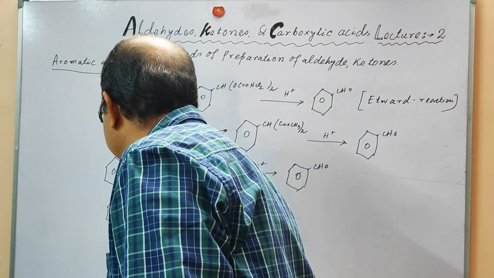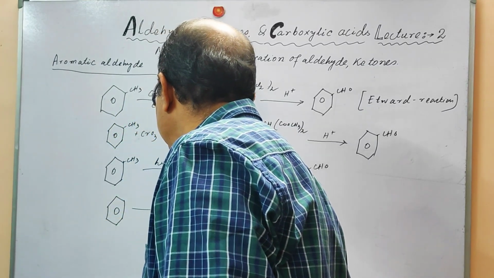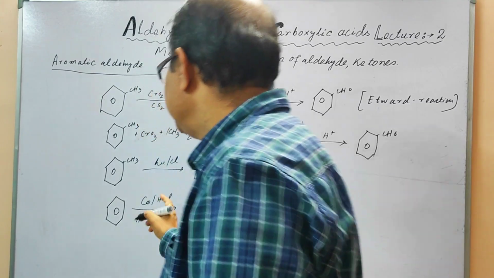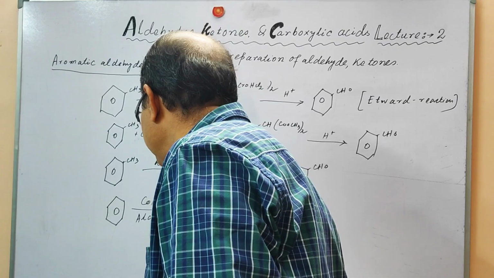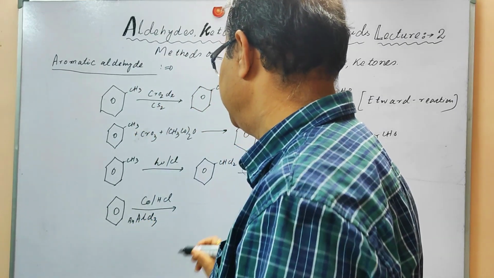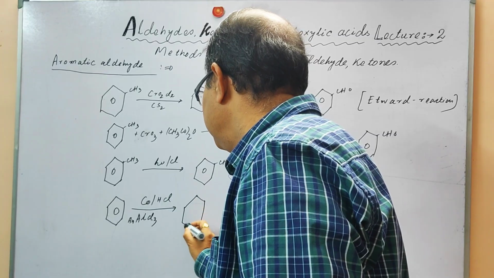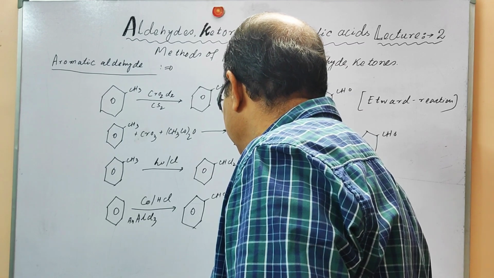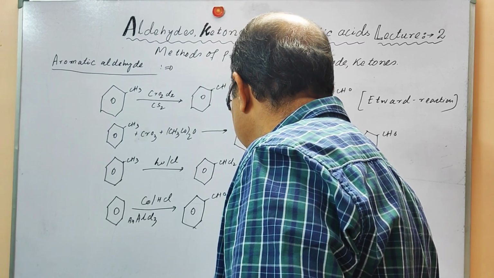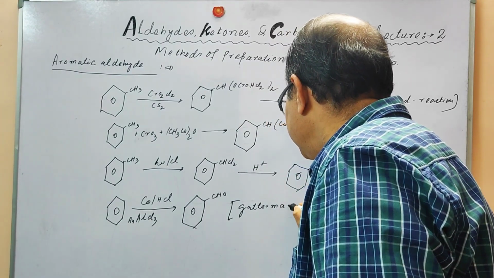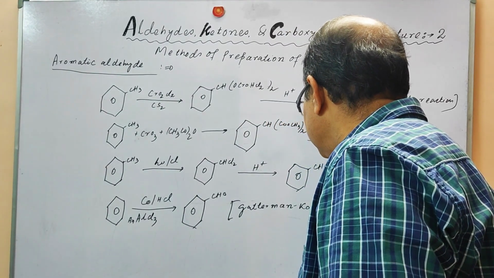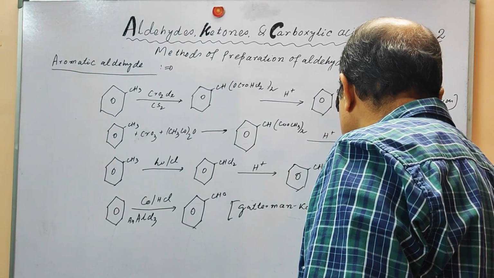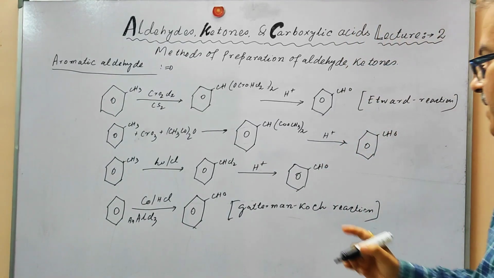This is the benzene, and from this also we can directly produce benzaldehyde by using carbon monoxide and HCl in the presence of anhydrous AlCl3, and this reaction is called the Gattermann-Koch reaction.